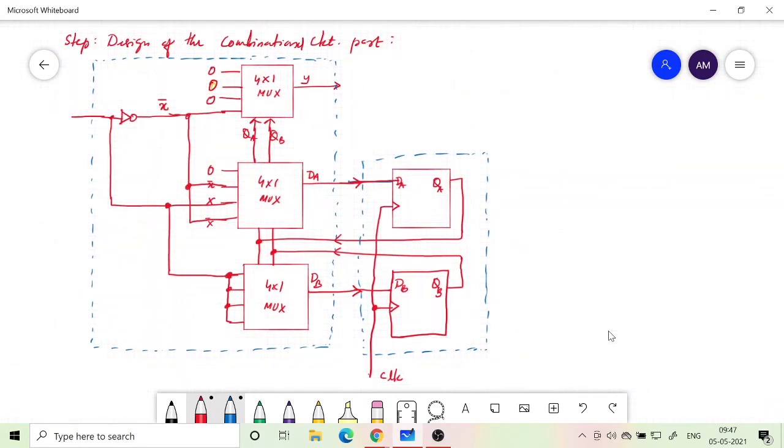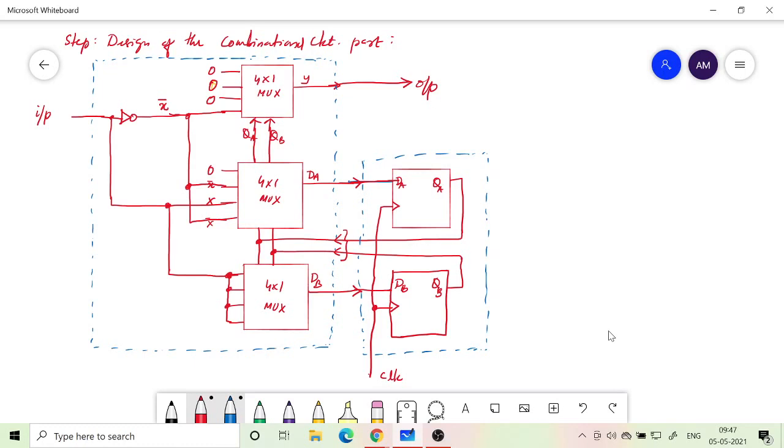The output we are obtaining from the combinational circuit, and the external input is given to the combinational circuit, and to the combinational circuit I also have the inputs from the state.